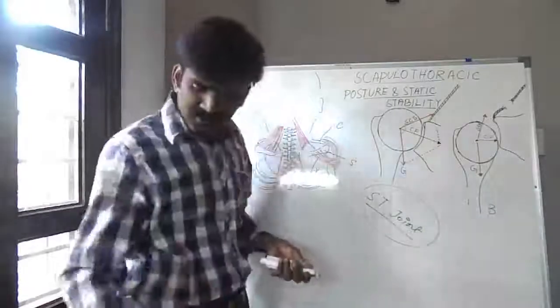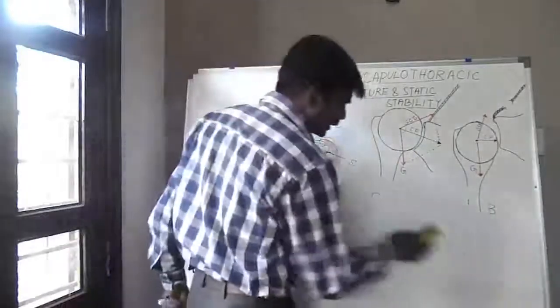So what are the movements of the scapulothoracic joint?